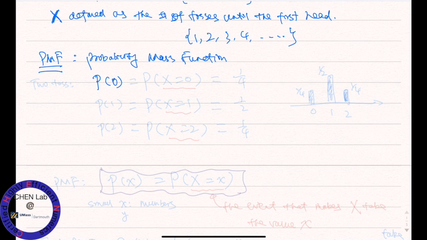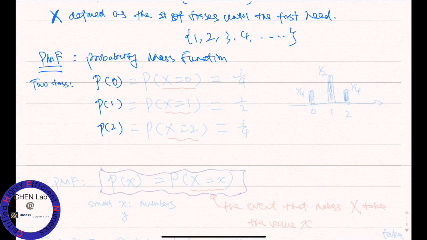For the 2 toss example, we are going to define a function which maps a real number to a real number. The function I used above was going from a sample point to a real number. They're all functions, but the domain is different. The domain there is sample points; over here, the domain is numbers.